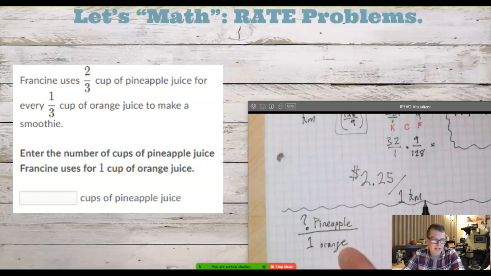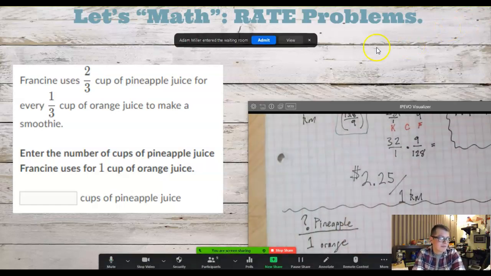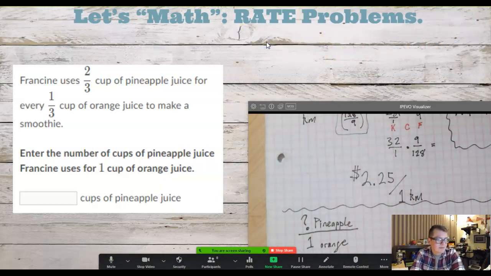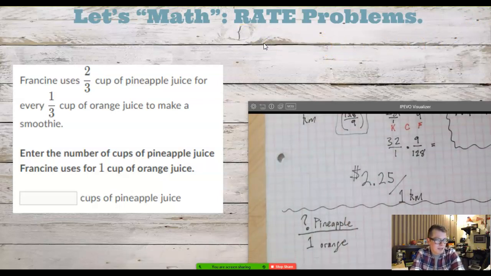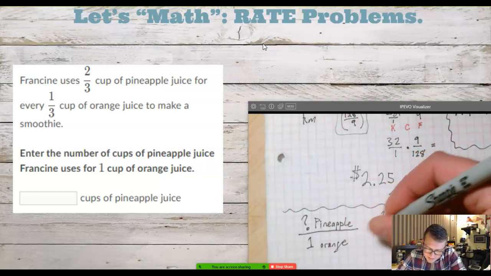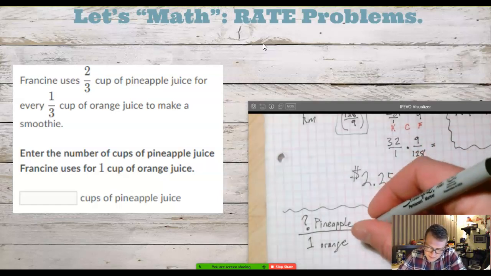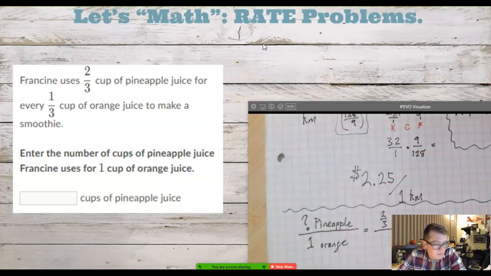It's not what we have right now. How many cups of pineapple juice do they give us? What do they tell us? 2/3. So 2/3 is going to go on top. How much orange juice? 1/3.